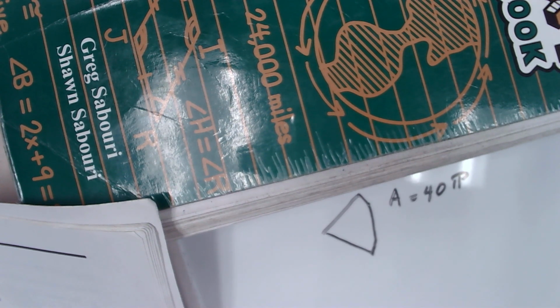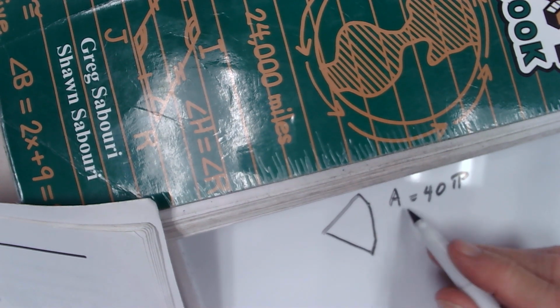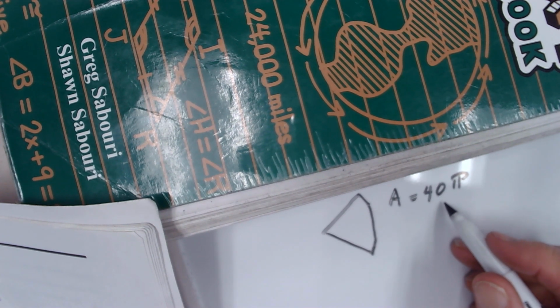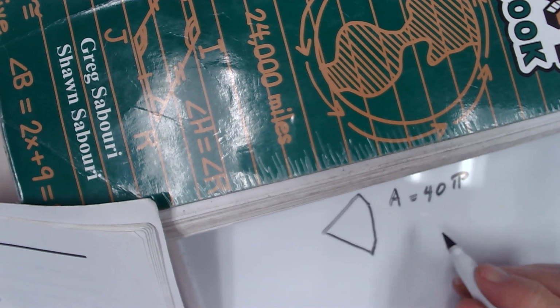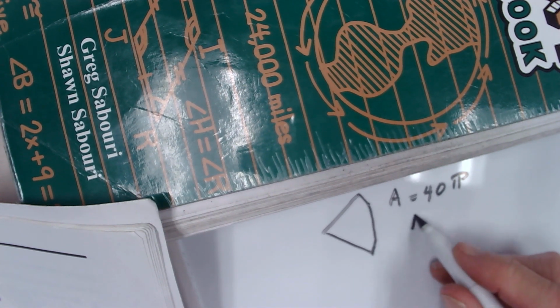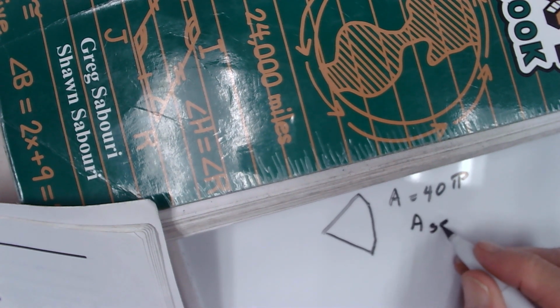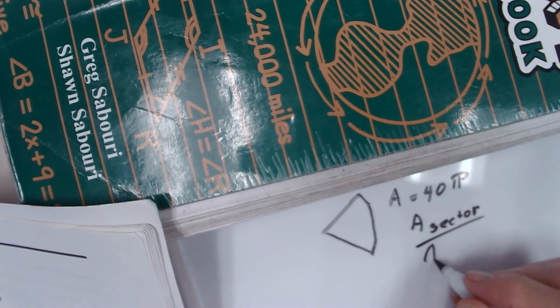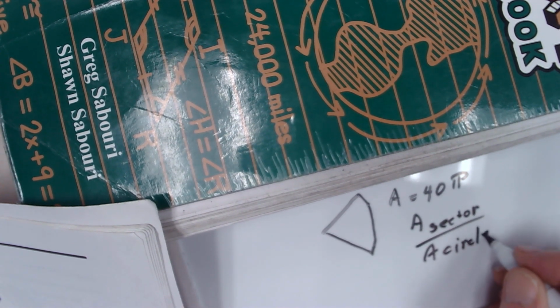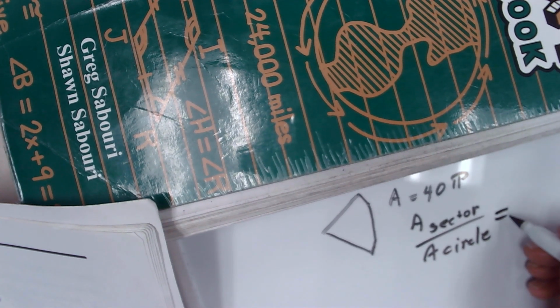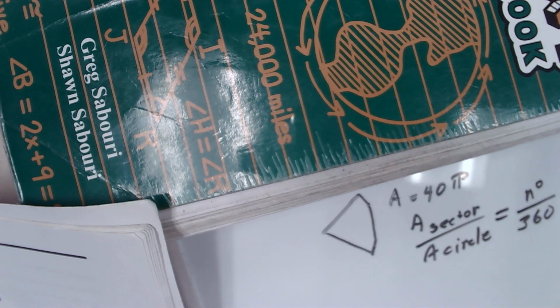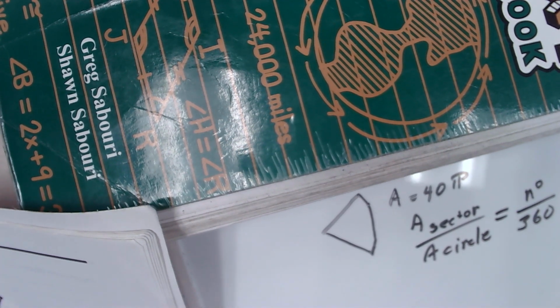So the area of the sector to the area of the circle, the ratio is the same as n, that's the angle, to 360 in degrees. Yeah, that works, doesn't it?